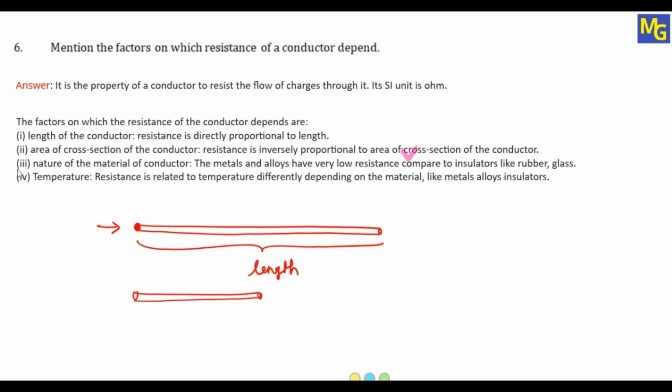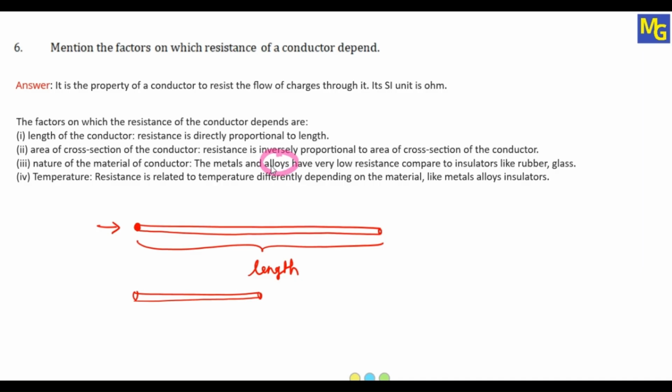Third factor is nature of the material of conductor. The conductor is made up of which type of material, on that also the resistance depends. Metals and alloys have very low resistance. What is an alloy? It is a mixture of two or more pure metals or non-metals. We have seen that just now in the last question.